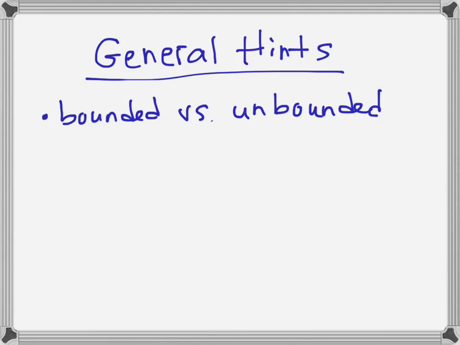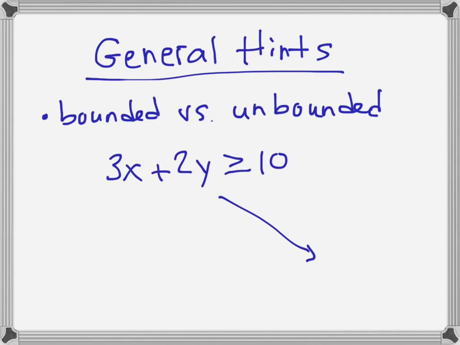For example, we did one with the vitamin requirements, vitamin pills. If all of your constraints happen to be greater than or equal to a number, then when you graph, you're shading above the lines.